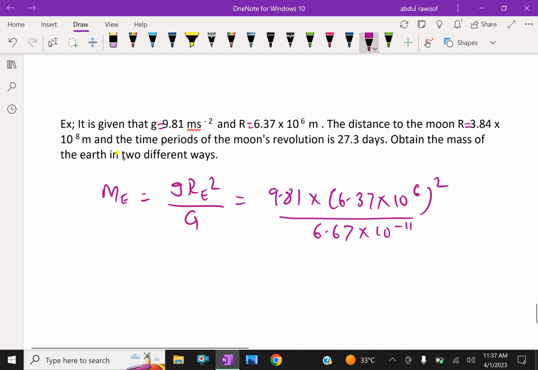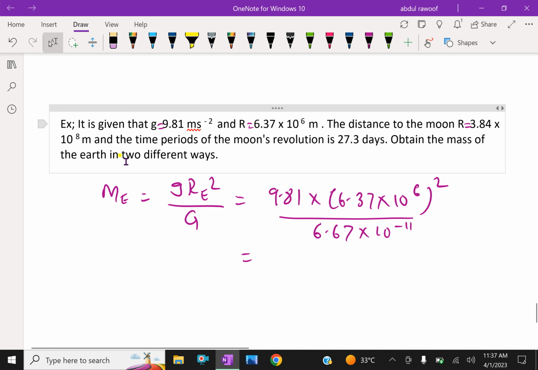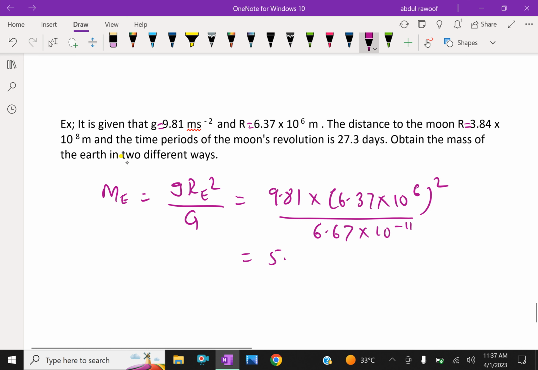By using a scientific calculator, this equals 5.97 into 10 power 24 kg. This is the mass of the Earth. Here, one way, we used the direct universal law.